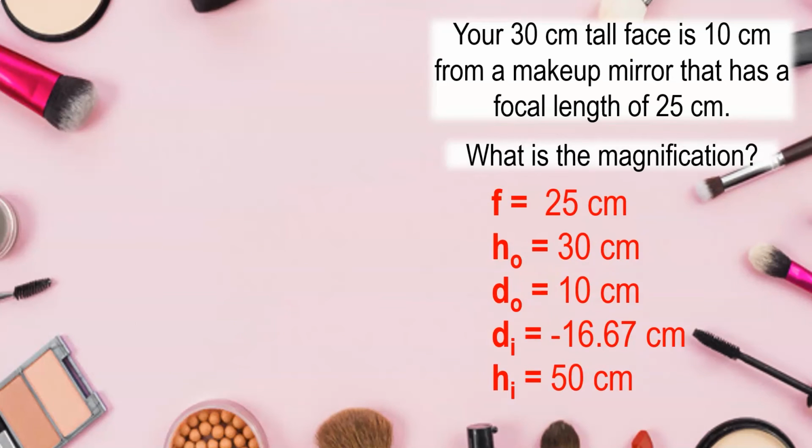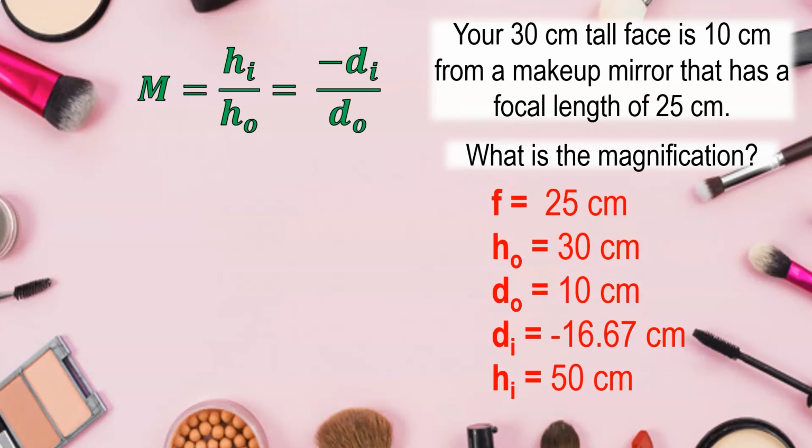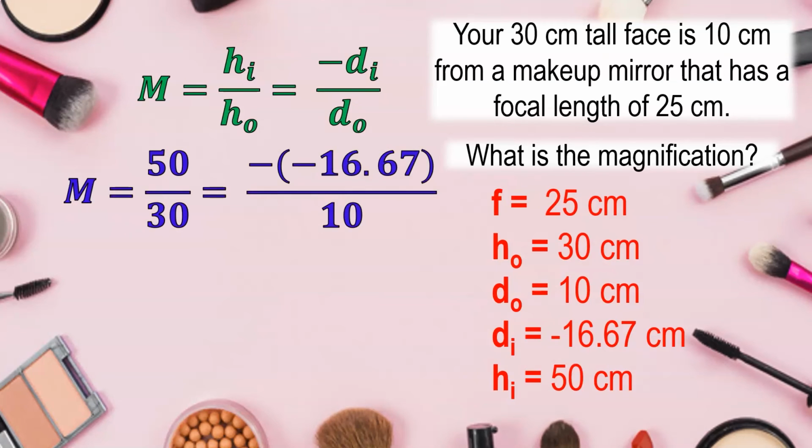If you want to find the magnification between an object and its image, you just need to compare the ratio between the object and the image's heights and distances. We have both, so we can use the full formula and check it both ways. I'm going to look at the heights and the distances. When I look at the heights, I get 50 divided by 30. When I look at the distances, again, negative, that's positive 16.67 divided by 10.